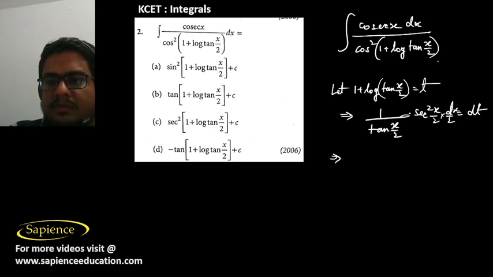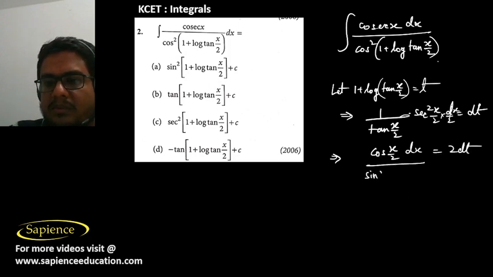So therefore this is nothing but sin x by 2 by cos x by 2 into 1 by cos square x by 2, so I can write it as cos x by 2 dx divided by 2 sin x by 2 into cos square x by 2, equal to dt. So cos x by 2 will cancel out.